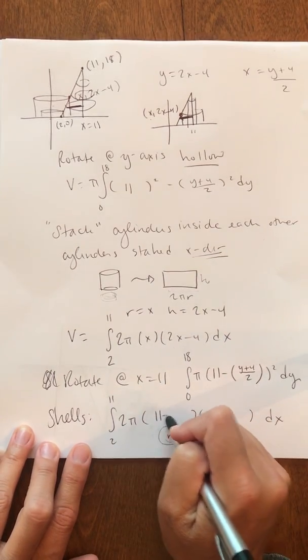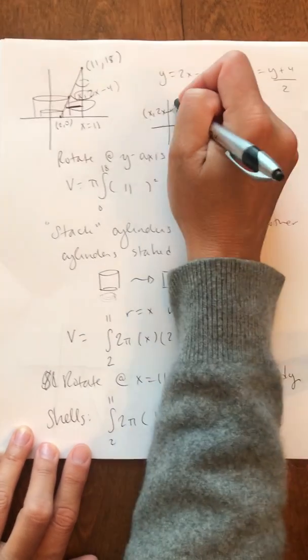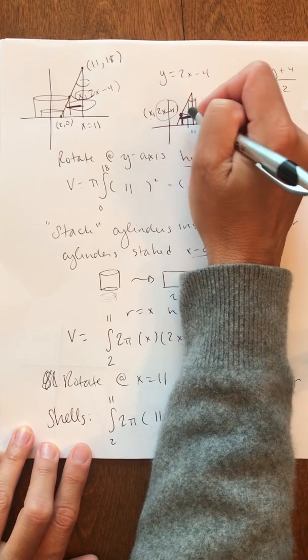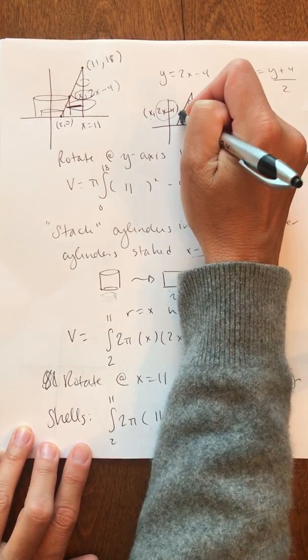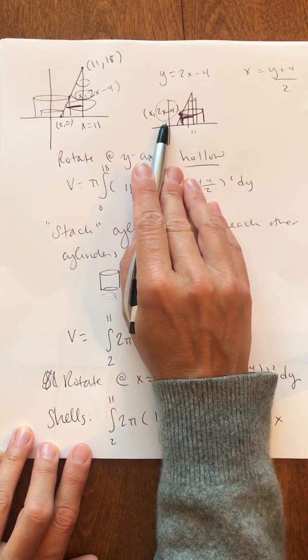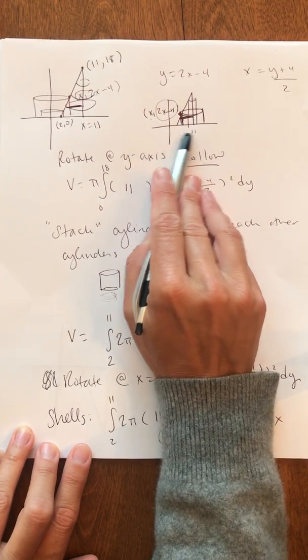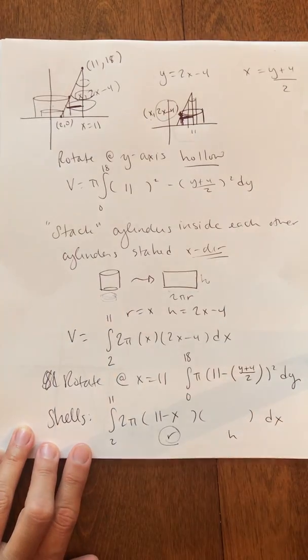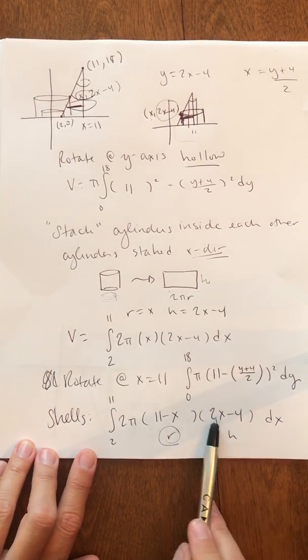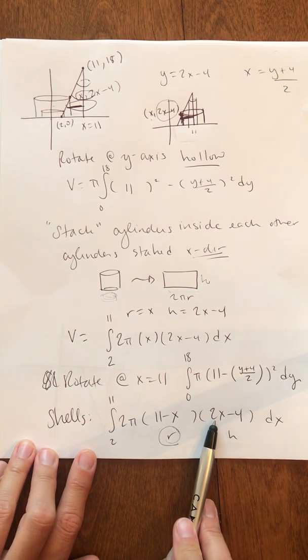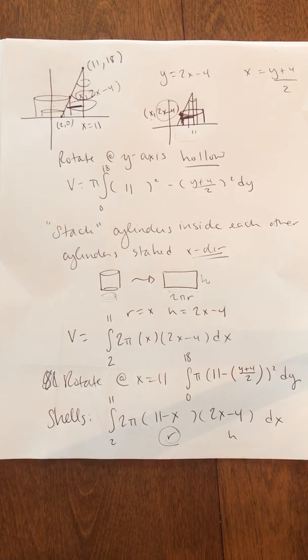It's 11 minus x, but my height is still just my y value. So at the point (x, 2x minus 4), my radius is 11 minus x, but my height is still 2x minus 4. These would give you the same numerical value, just a different way to do the same problem.